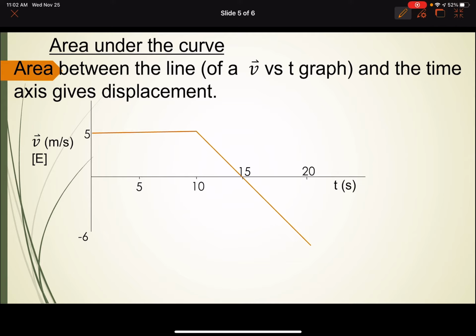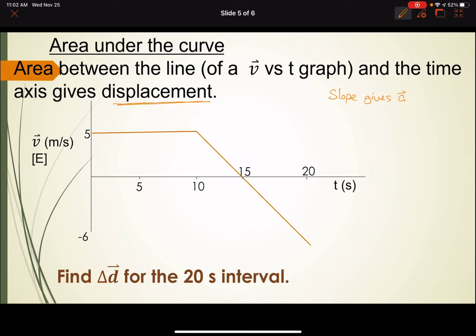If I've got a graph like this, let's say a velocity time graph, remember the slope of a velocity time graph gives acceleration. But I don't want to find acceleration in this case. I want to find displacement off of this. Let's say we're going to do this for the full 20-second interval.